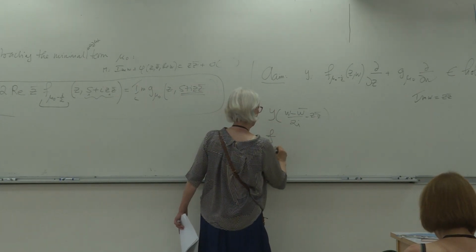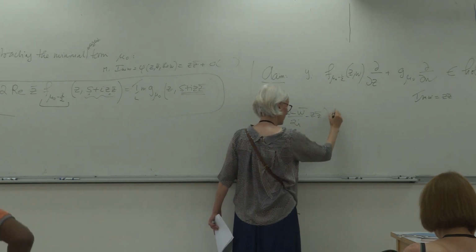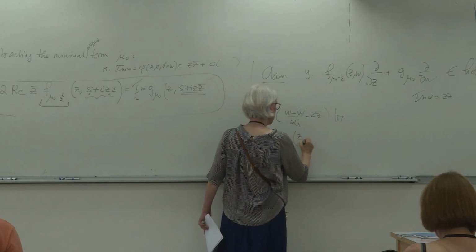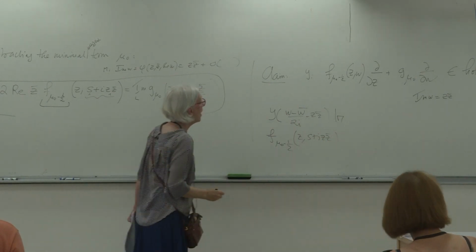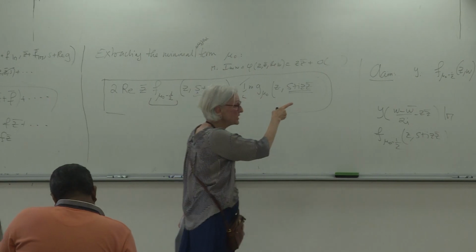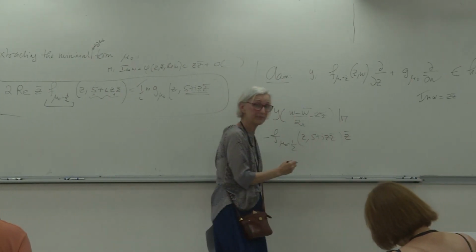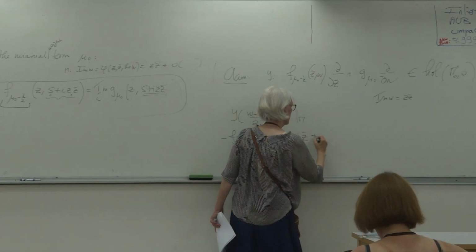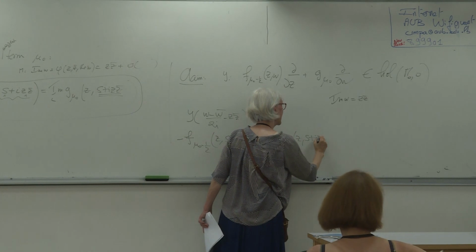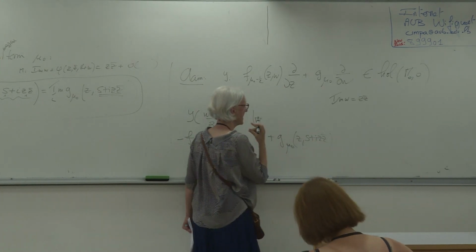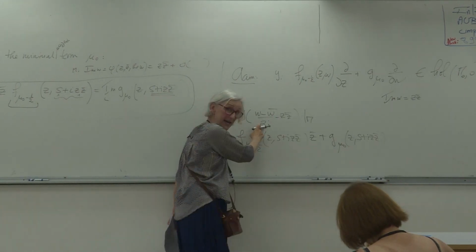F mu 0 minus 1 over 2 at Z, S plus I, Z bar. Now, differentiating, you get what? Minus Z bar, okay? Plus G mu 0 Z S plus I Z bar, because I'm living on M, and ddw, it's just 1 over 2I, right?